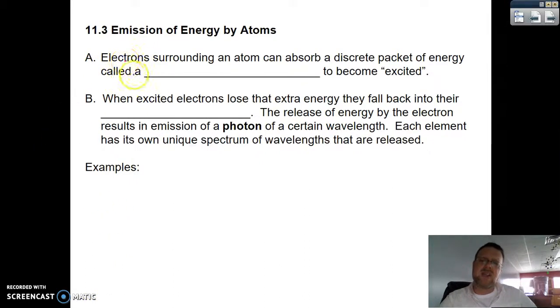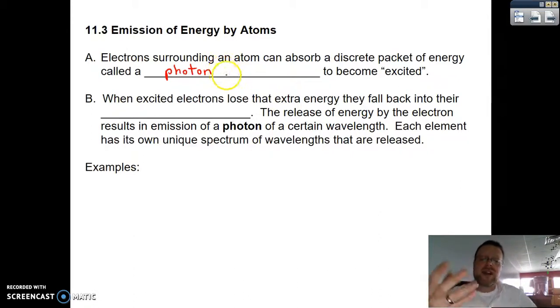So a couple of key terms go along with this process. Electrons that surround an atom can absorb a discrete packet of energy called a photon. You can think about a photon as a particle of light. Einstein said that light has this wave-particle duality, but the smallest piece of electromagnetic radiation that you can have is a little packet of energy called a photon.